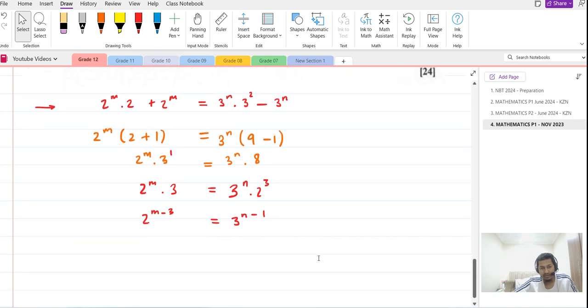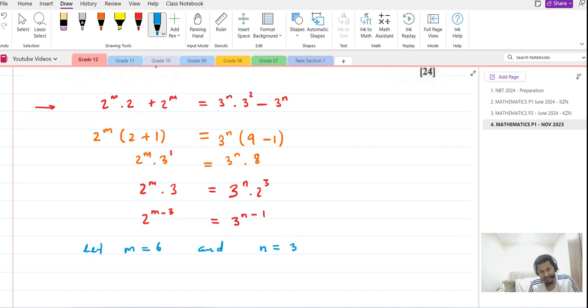But if you try to use trial and error from here, if you let m equal 6, I'm just trying out 6, alright? If m equals 6 and n equals 3, see what you get. If m is 6, then you get 2 cubed, which is 8 on the left hand side, and the right hand side is 3 squared, which is 9.